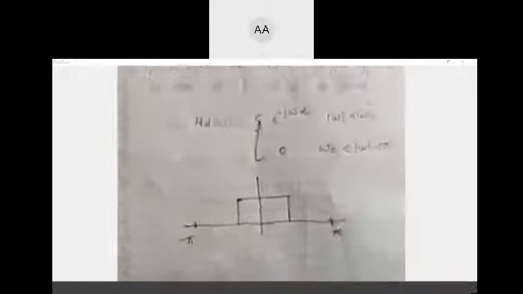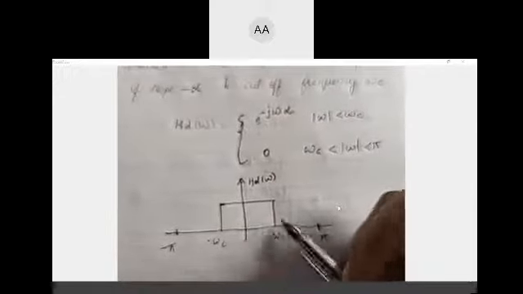Whether it is symmetric or anti-symmetric, in terms of Hd of omega, this is your cutoff frequency plus omega c, minus omega c. This is how your ideal low pass filter characteristics will look. That means for mod omega less than omega c, you have the filter response, whereas from omega c to pi, or minus omega c to minus pi, there is nothing. So this is the ideal low pass filter response.